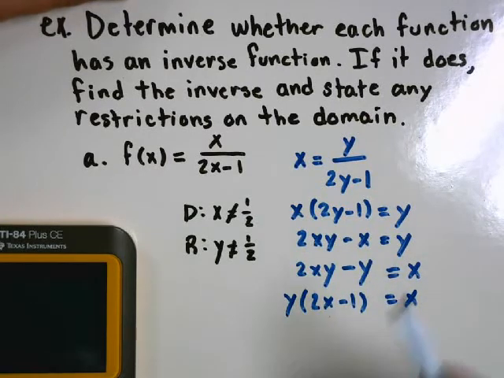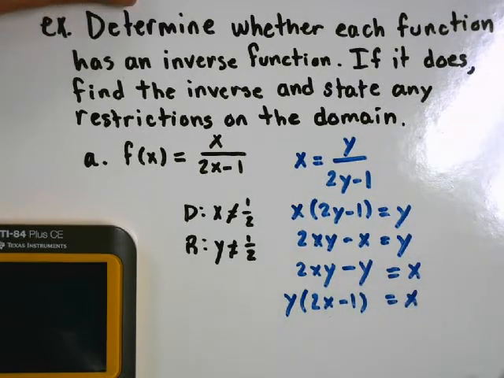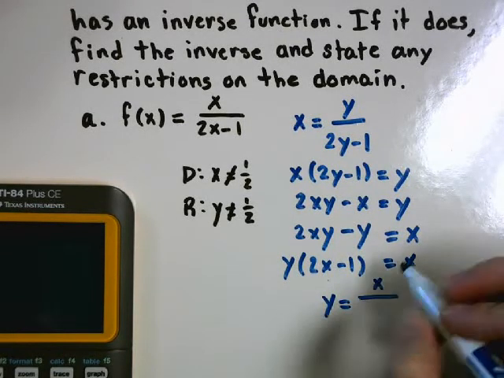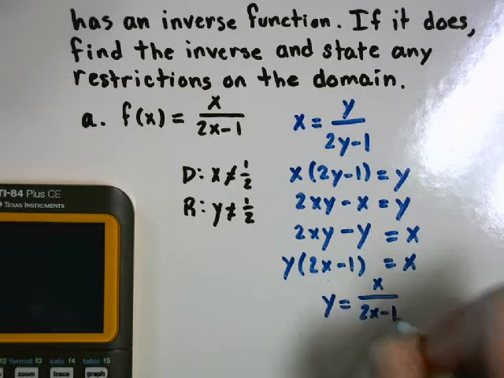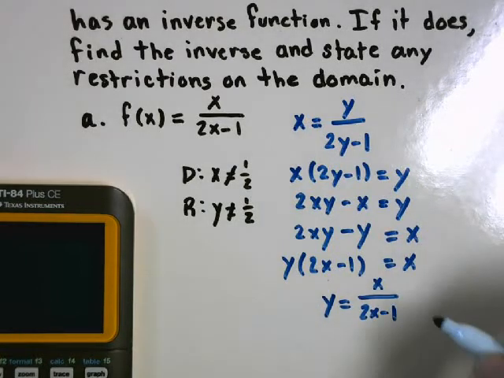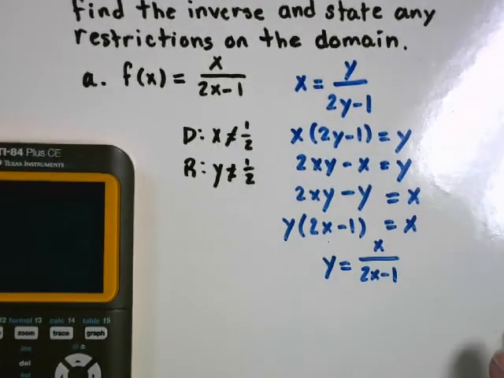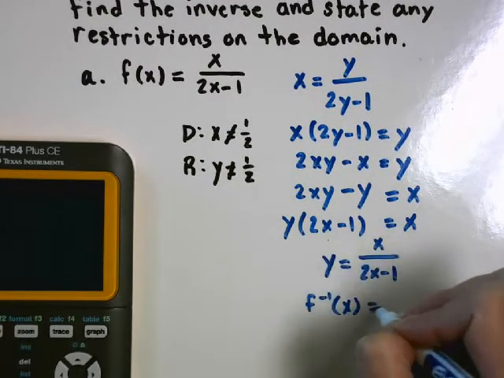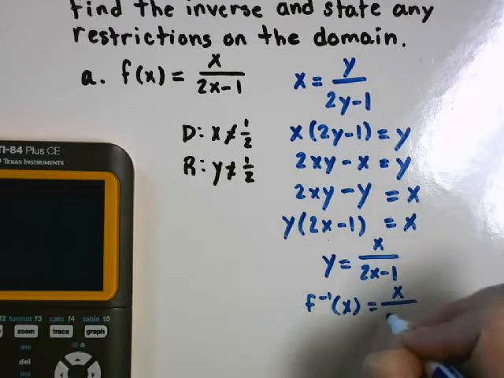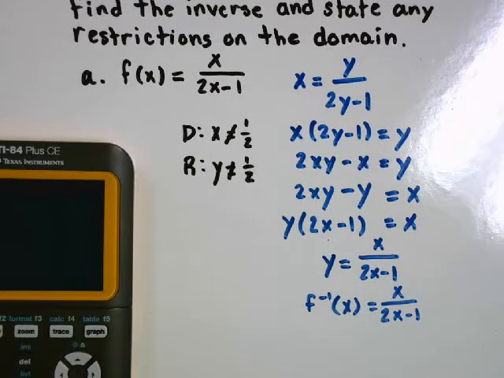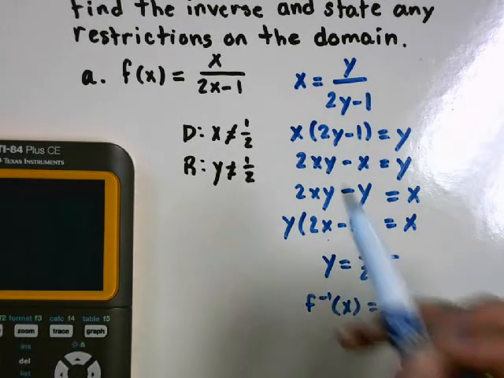And then I just have one y left, so I can divide. And this would be my inverse function. That would be our function and any restrictions on the domain.